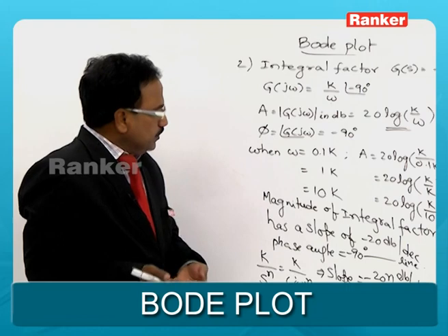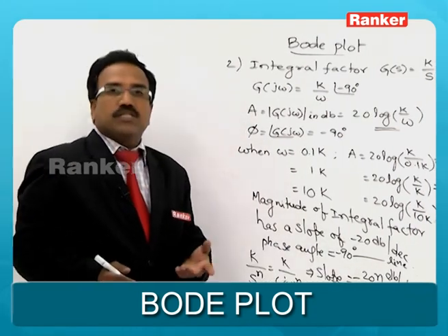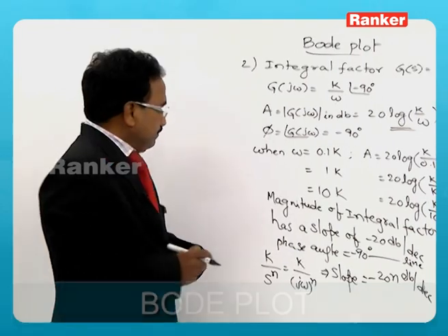So, if it is 2, then slope will be minus 40. If n is 3, slope is minus 60 dB per decade.